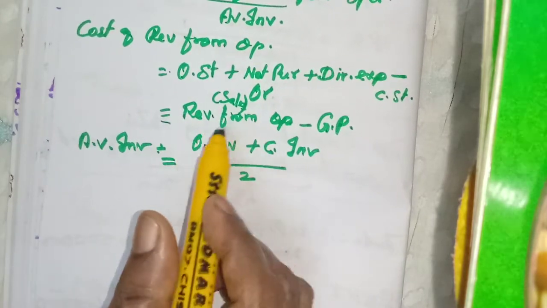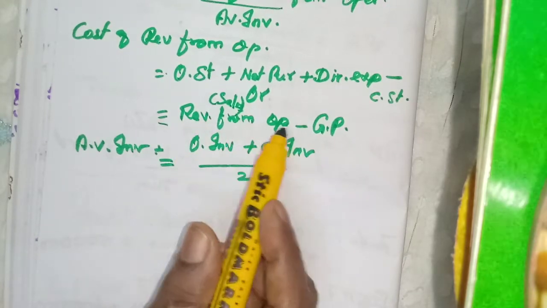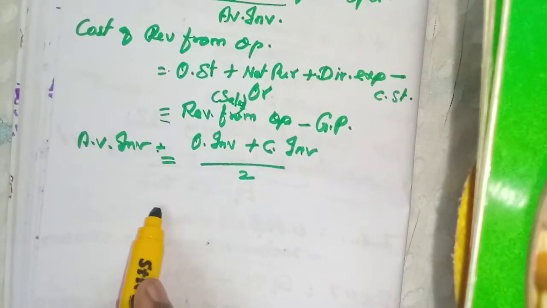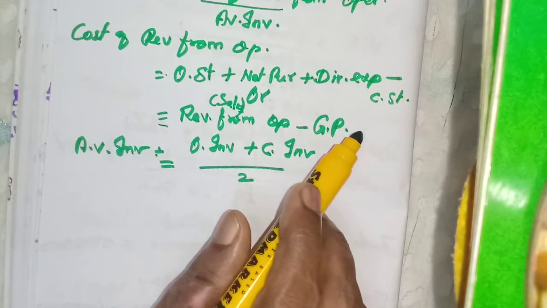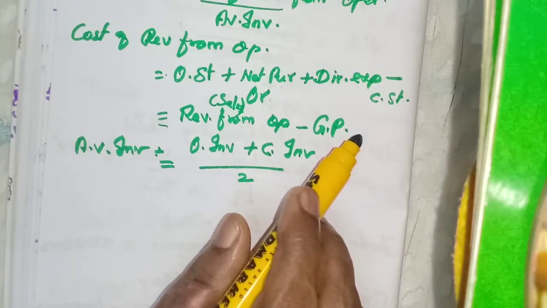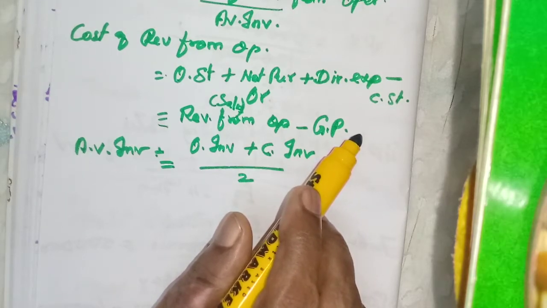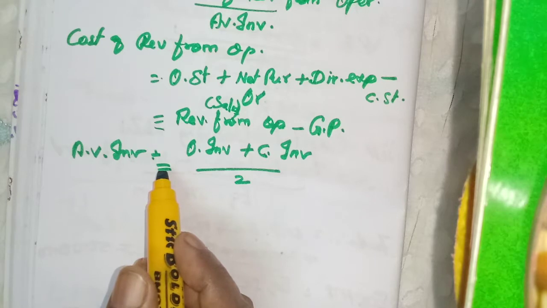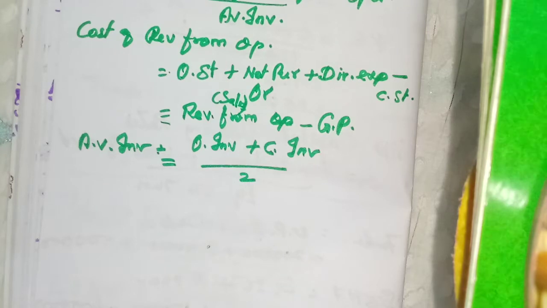That is cost of goods sold, or we can calculate it from the revenue from operation and gross profit. If we deduct the gross profit from revenue from operation, we will get cost of revenue from operation. In the financial statement analysis we have seen revenue from operation, then add other income, total revenue. Here the meaning is sales.